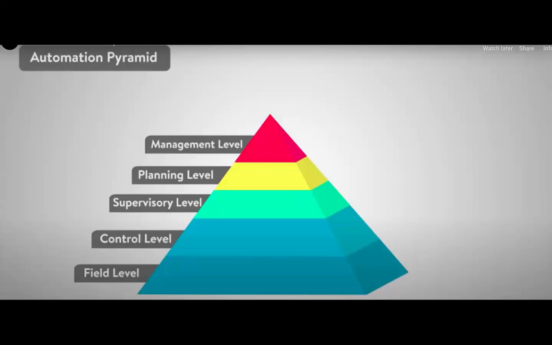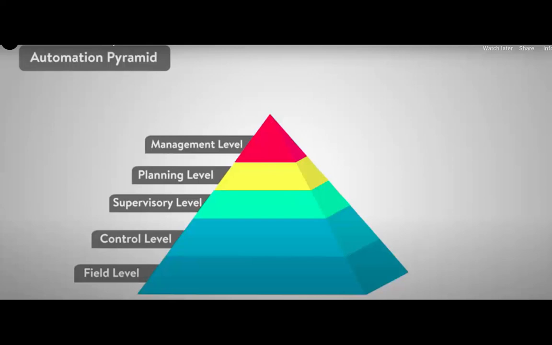And the last top level is called the management level. This level uses the company's integrated management system which is known as ERP, enterprise resource planning. This is not a technical process, this is purely a management level process. This is where the company's top management can see and control their operations.